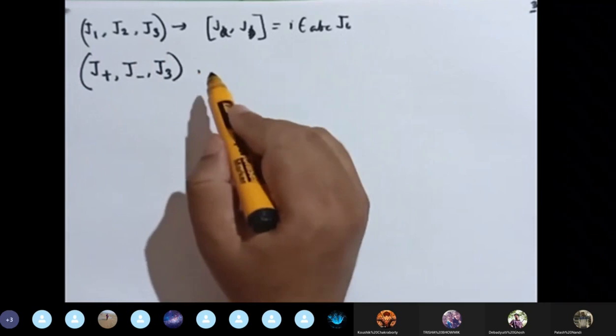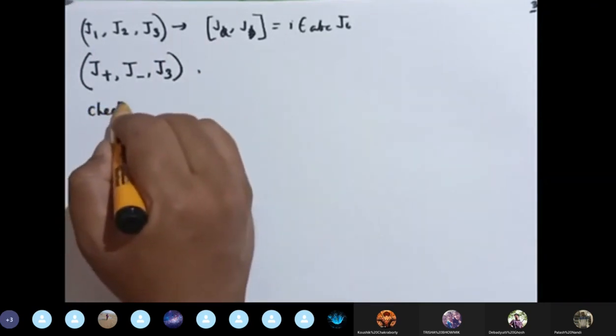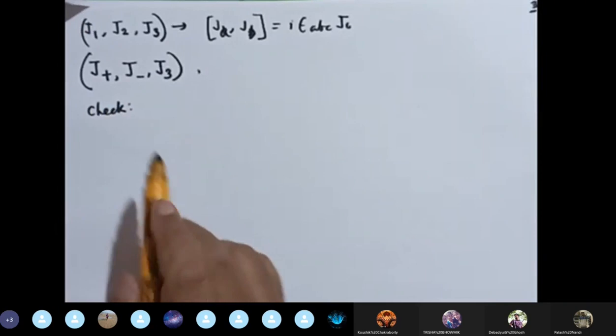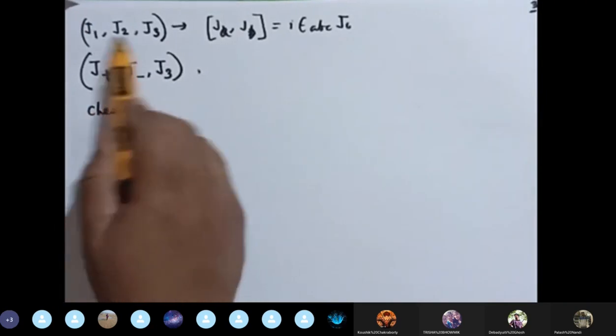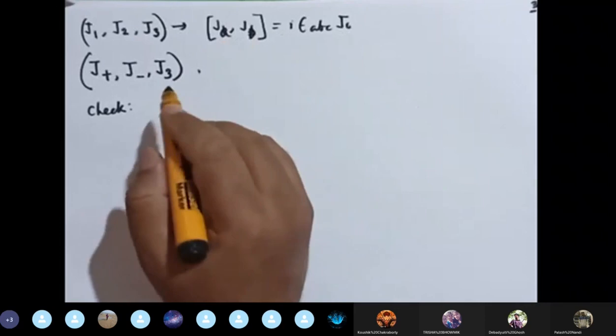Now you can check again, because you know what J plus and J minus are in terms of J1, J2, and you know the commutation relation between J1 and J2.